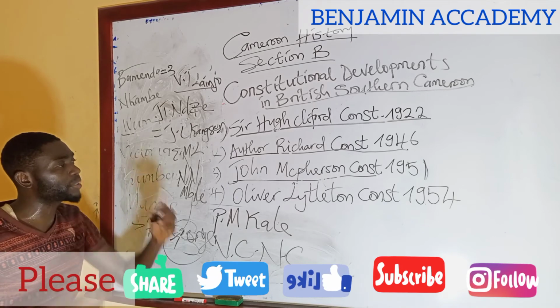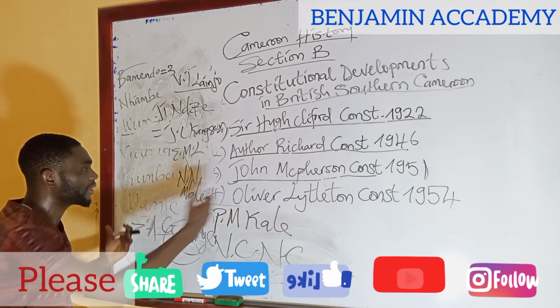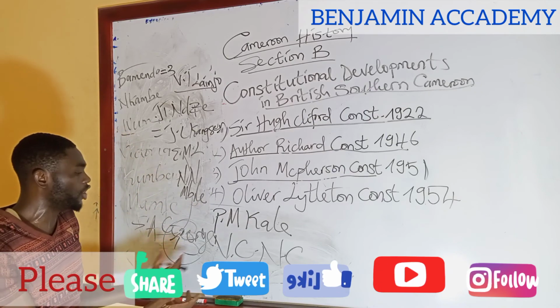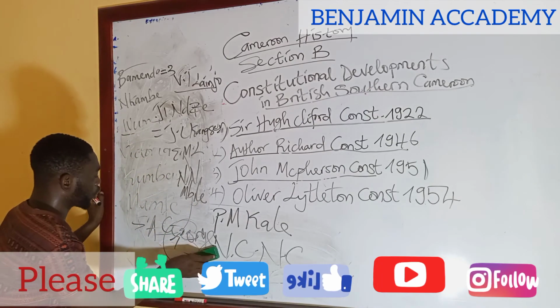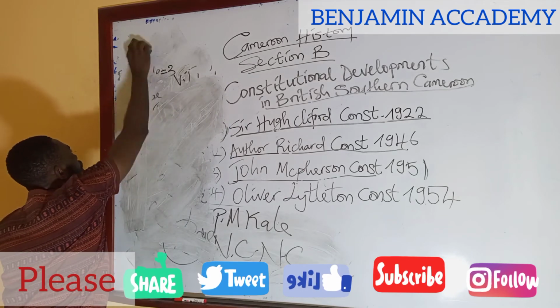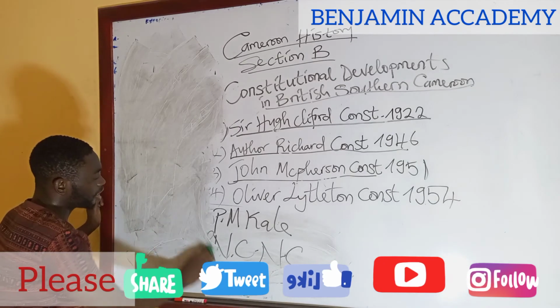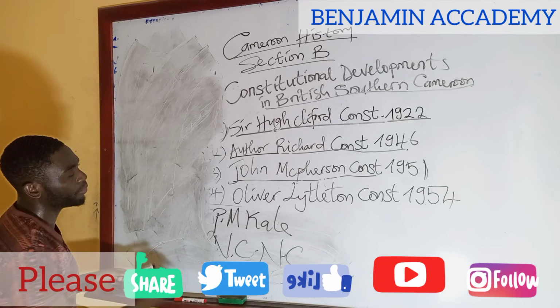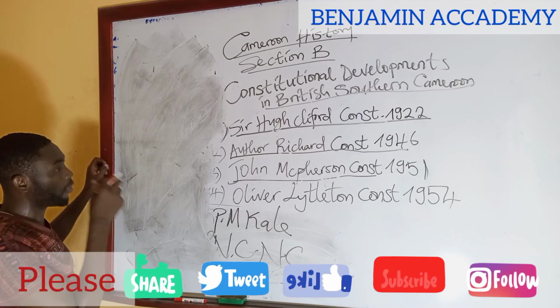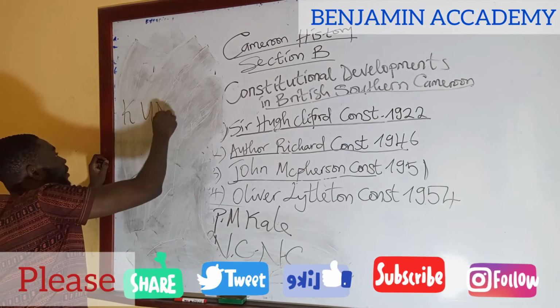Now, these people in British Southern Cameroon, being part of Nigeria, still criticized. There were some changes that came up when the McPherson Constitution was put in place in British Southern Cameroon. The change that occurred was the formation of the fourth political pressure group, which was the Cameroon United National Congress.